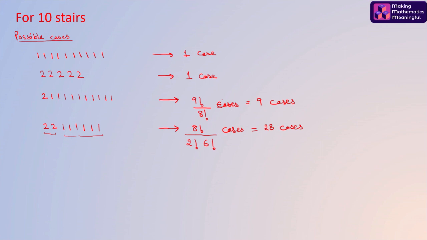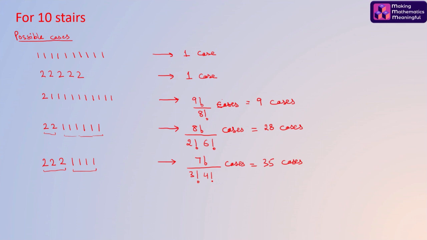The next possibility could be taking three 2-steps, with 6 stairs already covered, followed by 1 step each. So the total now amounts to 7 factorial. There were 7 places in total, wherein 2 came repeatedly 3 times and 1 came 4 times. So we divide by their factorials and it simplifies to 35 cases.